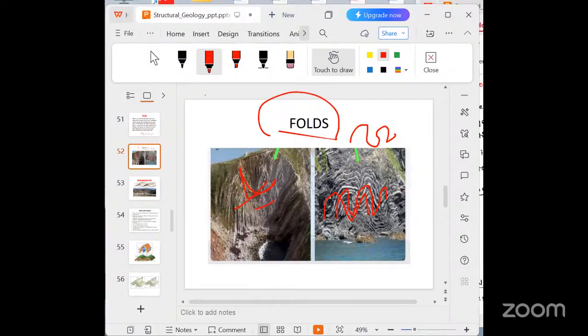Folding is the process of development of folds. However, they may develop in a variety of ways, right?